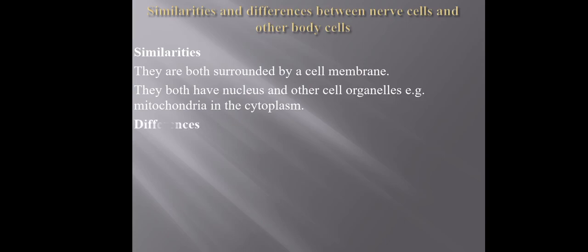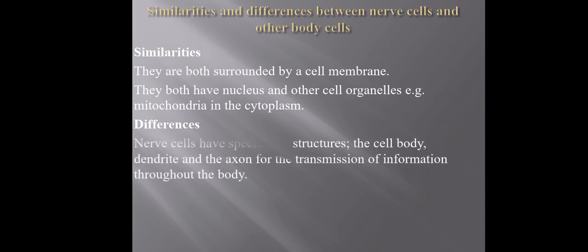What about differences? Somebody may say you should differentiate between nerve cell and other body cell, like I gave my students some time ago. Nerve cells have specialized structures. They have cell body, they have dendrite, they have axon for the transmission of information.